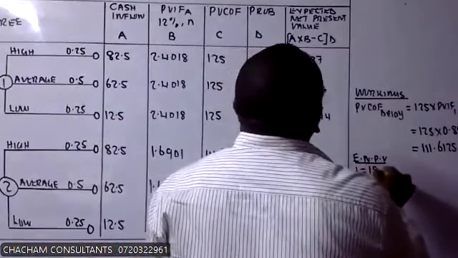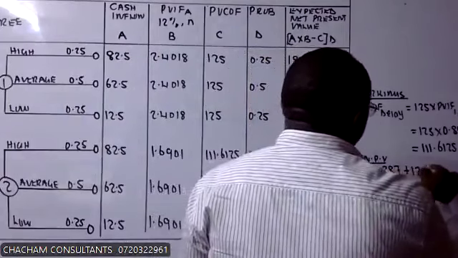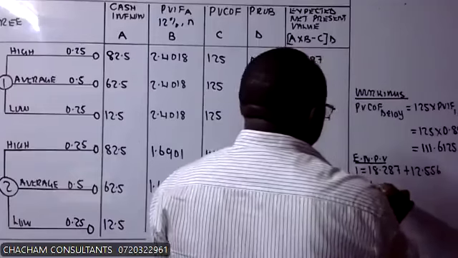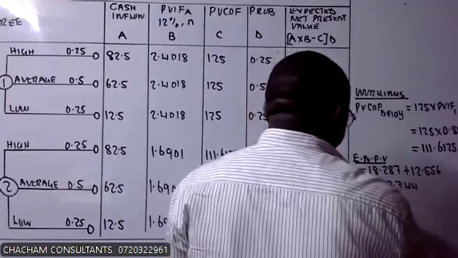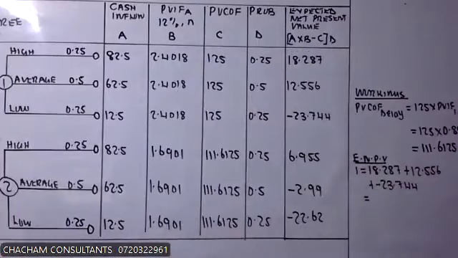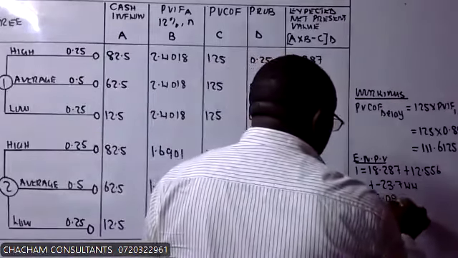It will be 18.287 plus 12.556 plus negative 23.744. $7.099.